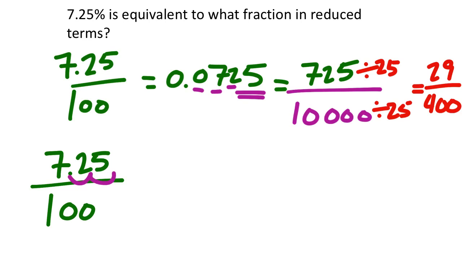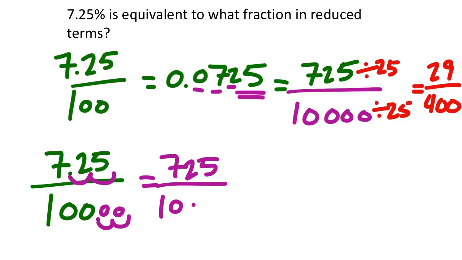But again, in order to keep the fraction equivalent, I'd have to take the 100 and move it 2 times to the right, which would give us another 2 zeros there. So this changes into 725 over 10,000 anyways. So it ends up being the same as what we have right here. Divide both these by 25, and you get the 29 four-hundredths.